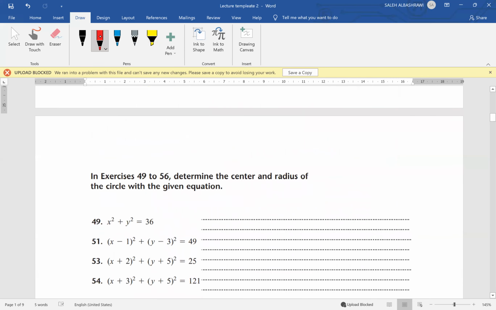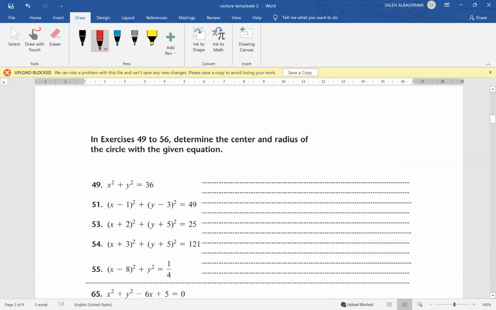More examples. For that, we are given this example. We need to find the center and radius of the circle with the given equation. In the example number 49, the first one, see with the x squared, there is no constant, no number.